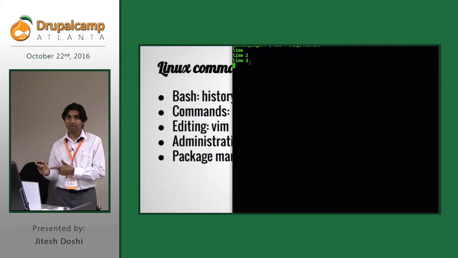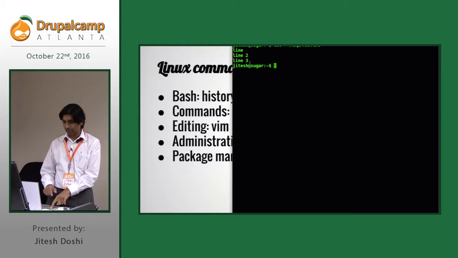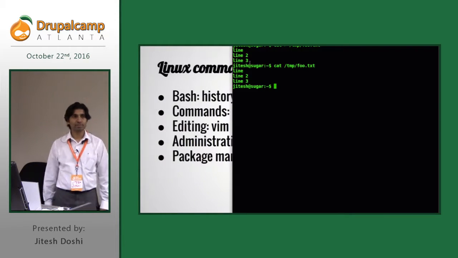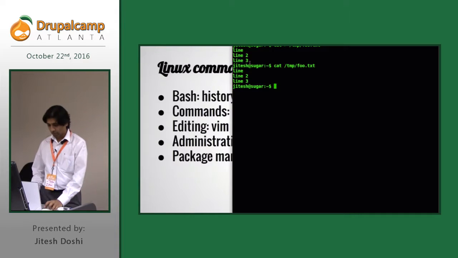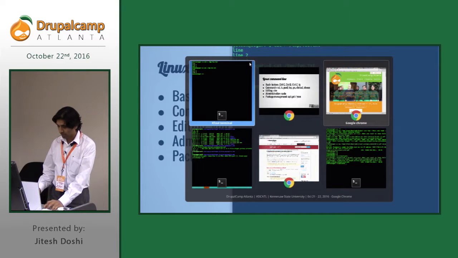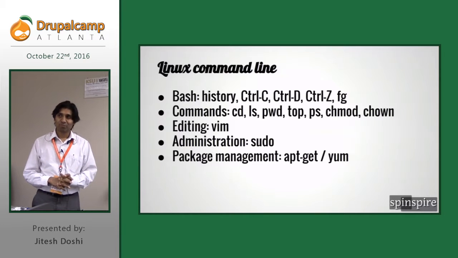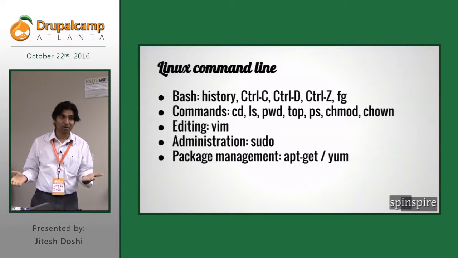If I want to end my input, I press Control D. And now whatever I typed ended up in /tmp/foo.txt. Those kinds of things you need to familiarize yourself with. Again, you can Google bash tutorial.